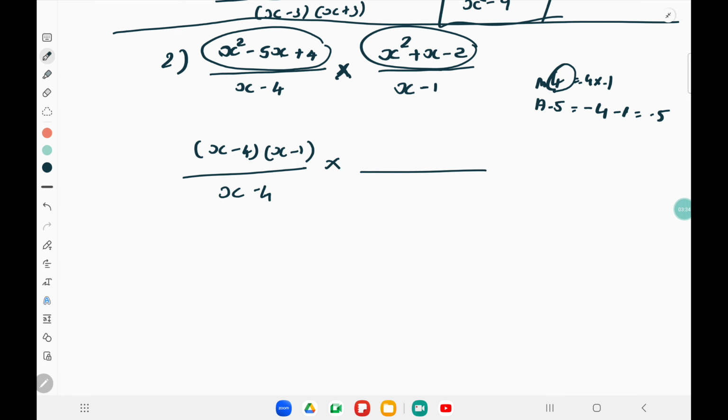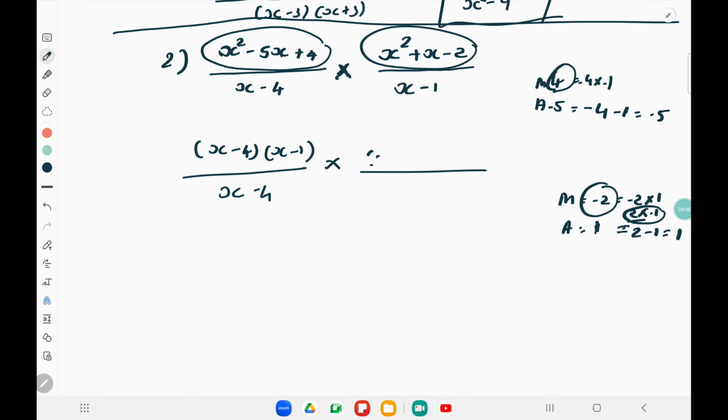Here let's do x square plus x minus 2. When we multiply we need minus 2 and when we add we need plus 1. So what are the two factors of minus 2? Minus 2 times 1 or 2 times minus 1. 2 is a prime number, so we cannot have any further. We need 1 positive, so we take 2 positive and 1 negative, so that finally gives us 1.